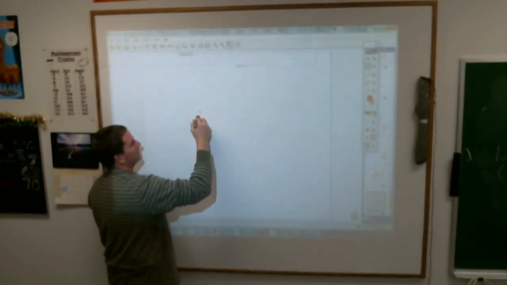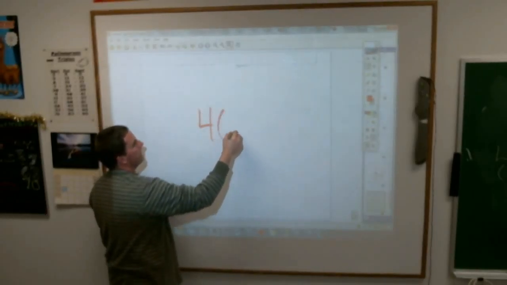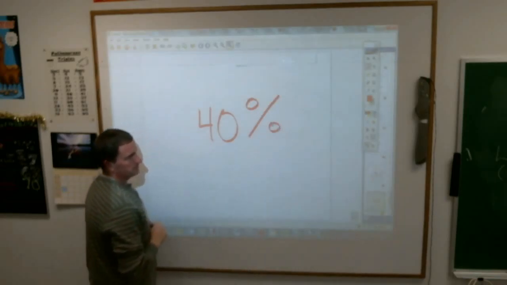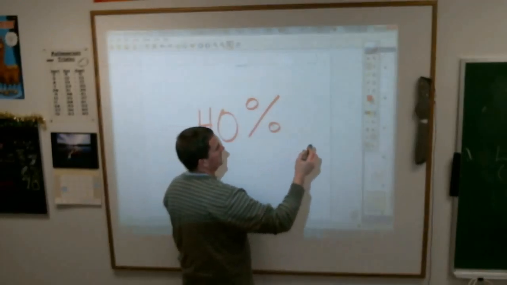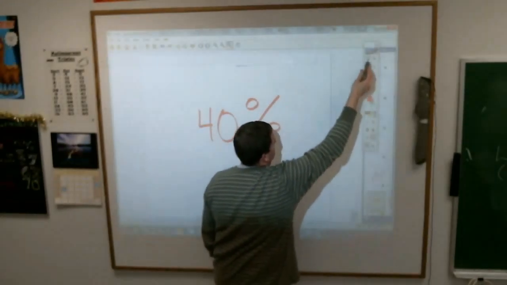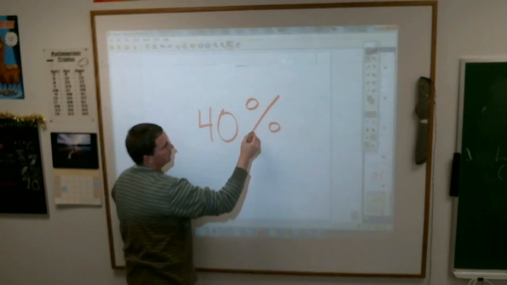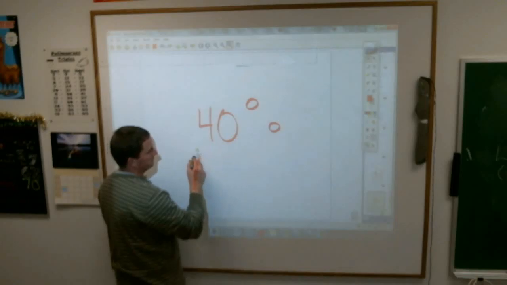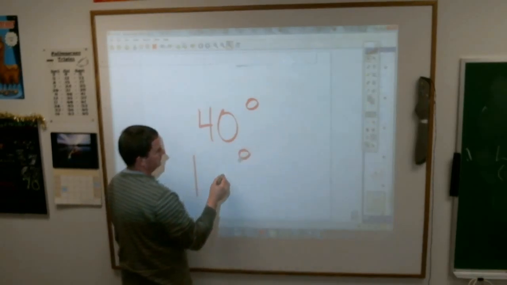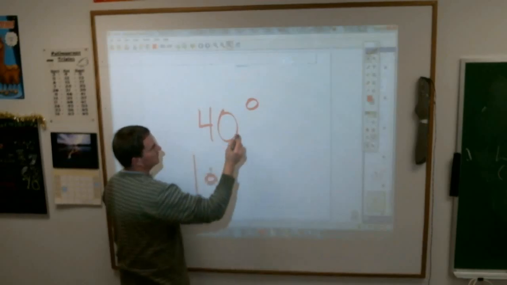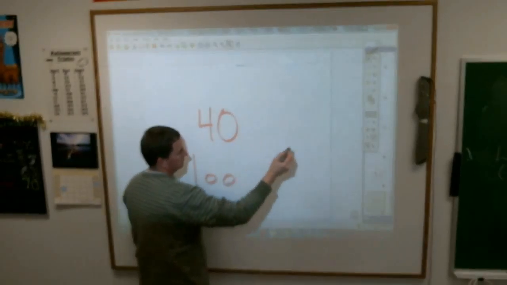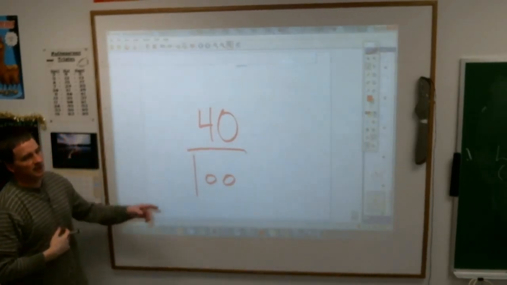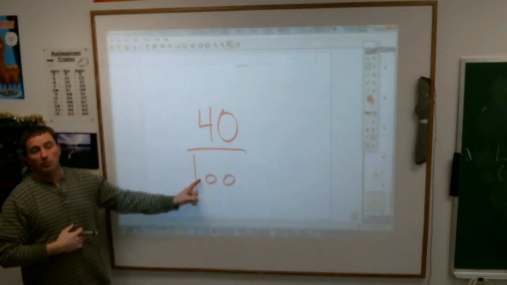In case you ever forget this, 40% is the same thing as 40 over 100. 40% is the same as 40 hundredths.